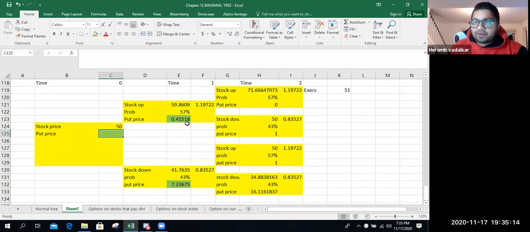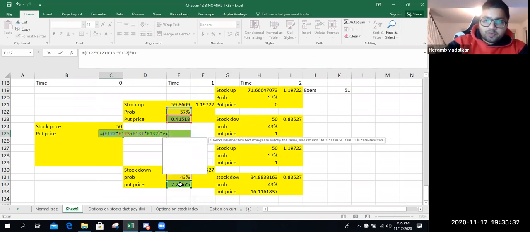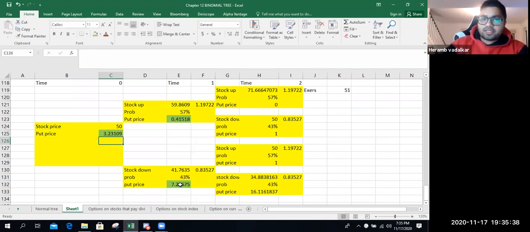Now again we have to go one step back. So put price here will be probability of moving up into put price plus probability of moving down into put price, discounted at exponential risk-free rate times 1.